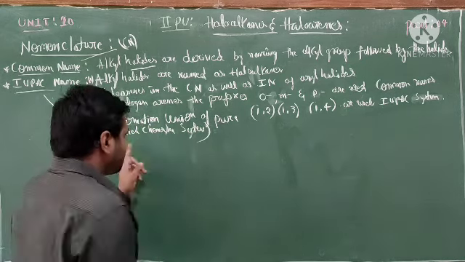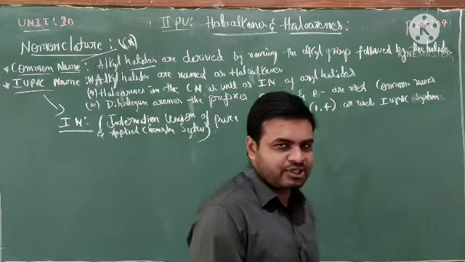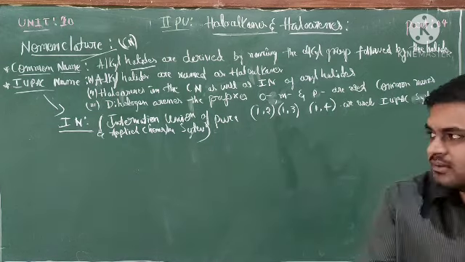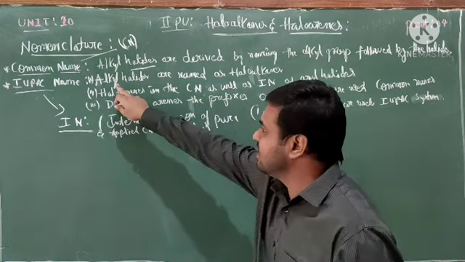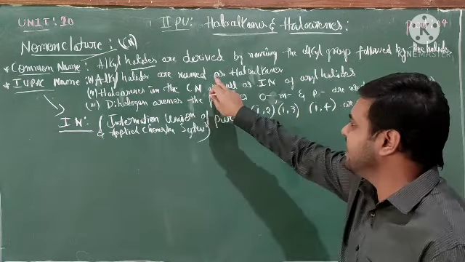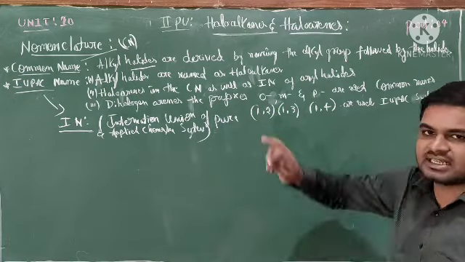This is called IUPAC or the IUPAC name. In the IUPAC name, alkyl halides are named as haloalkanes.